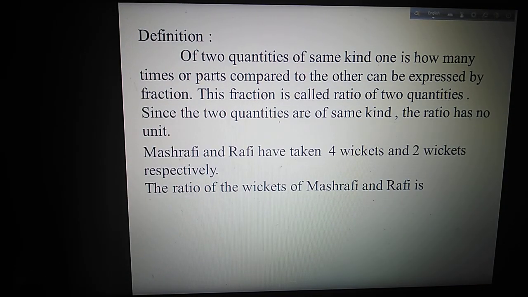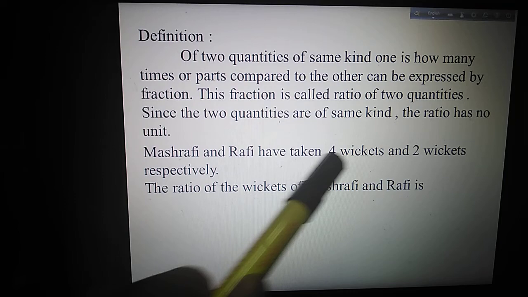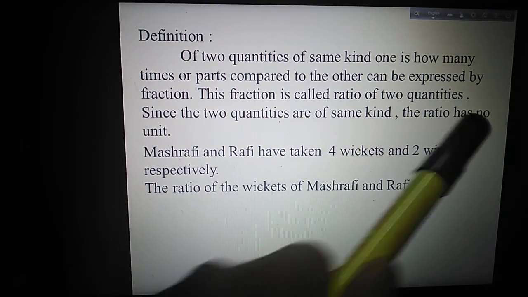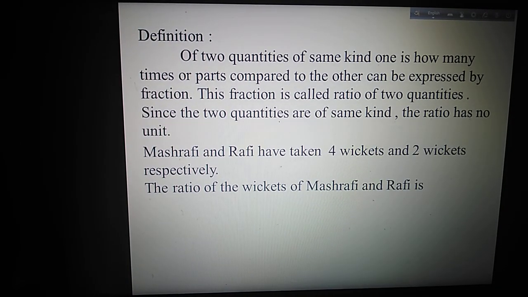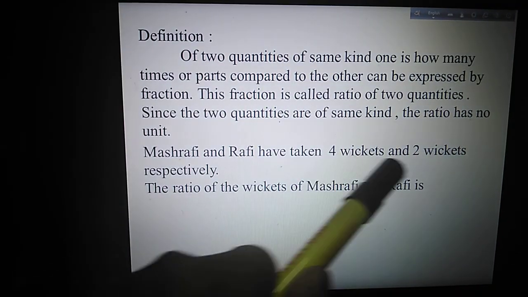Here Mustafi and Rafi have taken 4 wickets and 2 wickets respectively. That means Mustafi has taken 4 wickets and Rafi has taken 2 wickets. So the ratio of the wickets of Mustafi and Rafi: there are two quantities of the same kind, 4 wickets and 2 wickets. Both of them have taken wickets. Wickets are the same kind, and the two quantities are 4 wickets and 2 wickets.